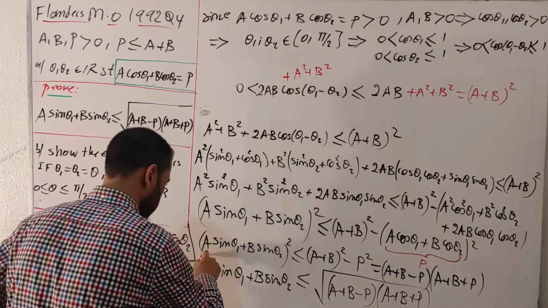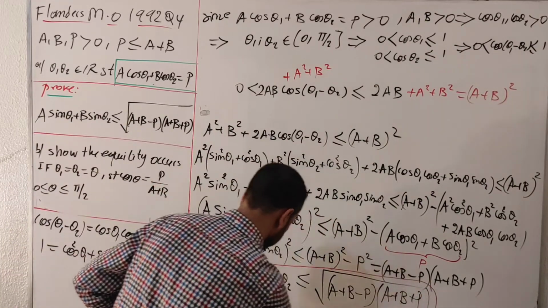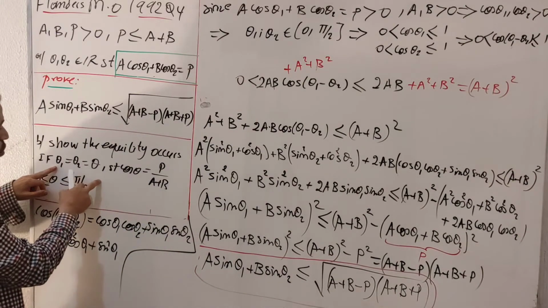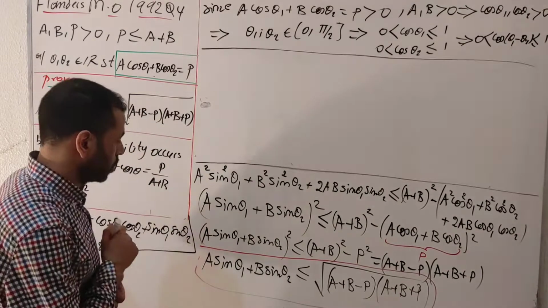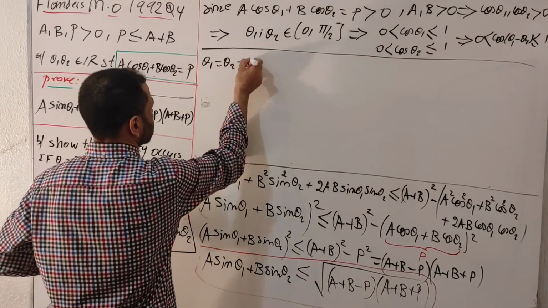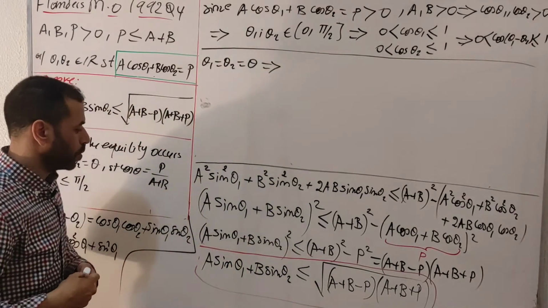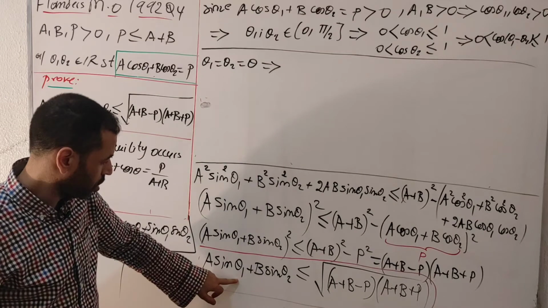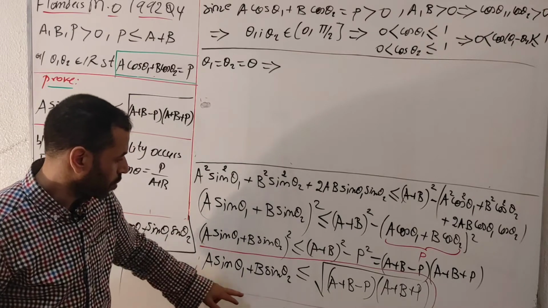Now I have proven this one as I have it above. Now let's move on to the next question, when does equality occur here, okay? Now when we have theta 1 equals theta 2 equals theta, I'm simply going to replace theta 1 and theta 2 with theta in this inequality to see where we have equality here.